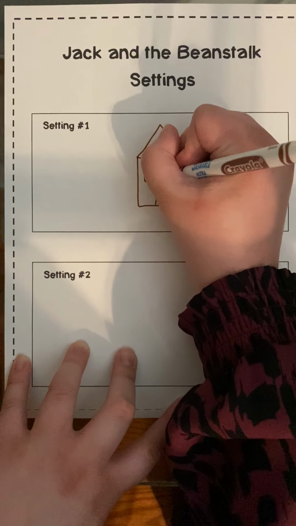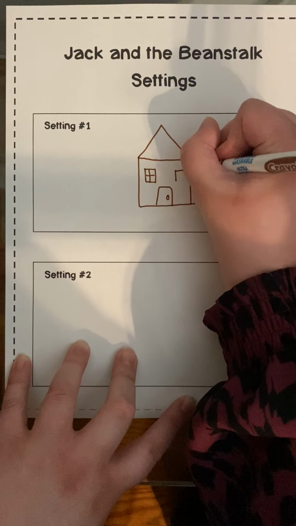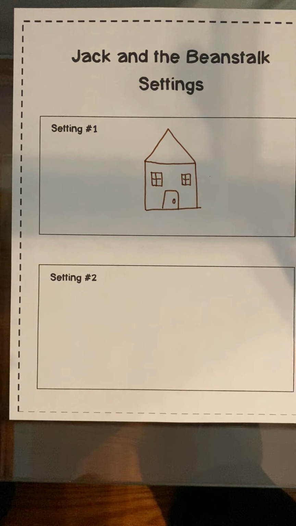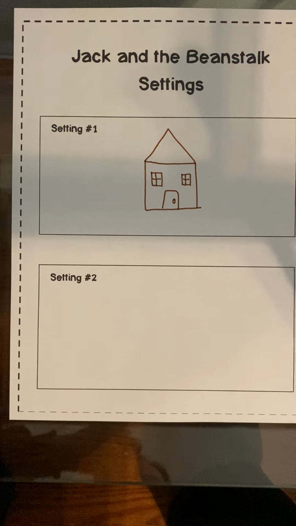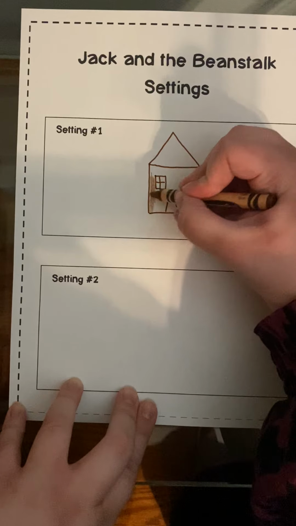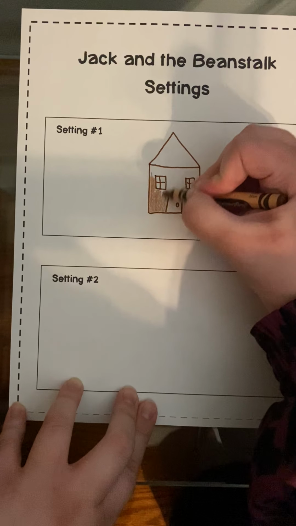I'm drawing a window because remember in the story, Jack's mom threw the beans out the window, so I know there's a window in his house, so I have to include that. I'm gonna draw some grass. I'm gonna color in the house too. Okay, I'm gonna color in the house brown. In the story, you could see it was kind of a light brown color.